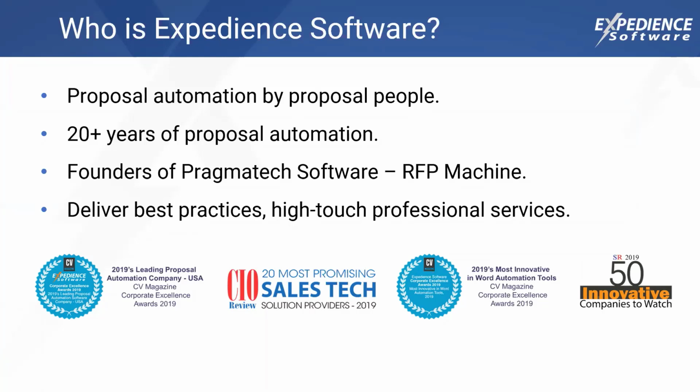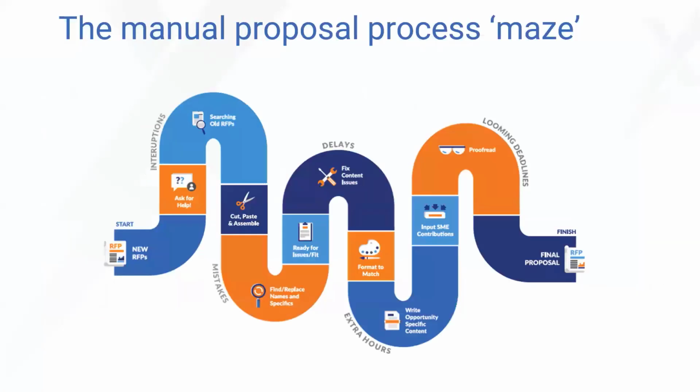And so for those of you that are older timers to the space of proposal software, you'll likely recognize that as one of the very first RFP automation tools on the market. So I share all of this just to share with you the fact that we as a company are really familiar with helping organizations make the leap from manual proposal processes to automated proposal solutions.